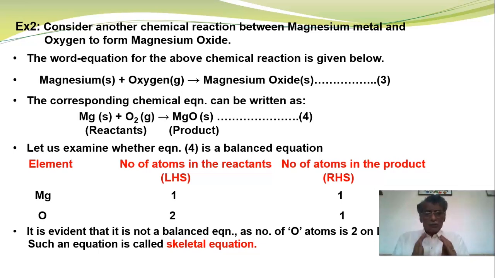Now if you see whether the reaction is balanced or not, Mg is balanced, but oxygen is not balanced. Left side 2 atoms, right side 1 atom. So this kind of equation is called a skeletal equation. We have to balance it.